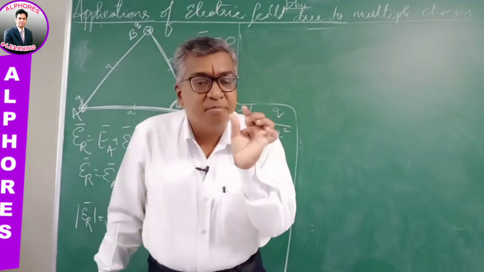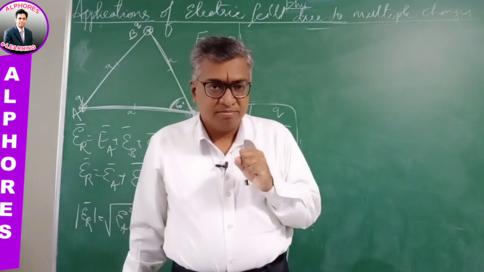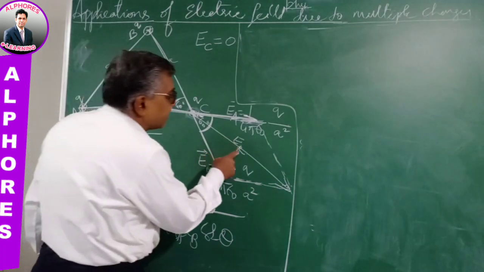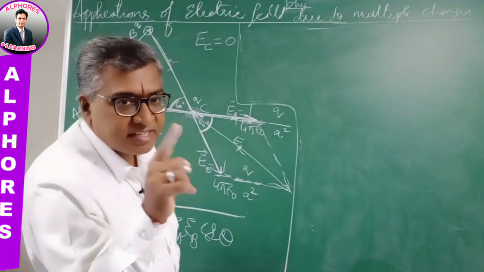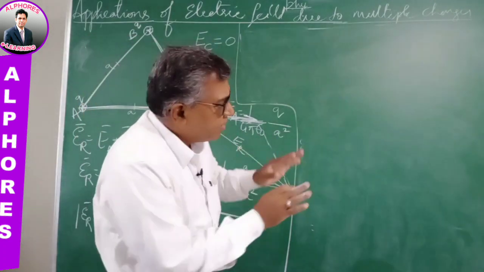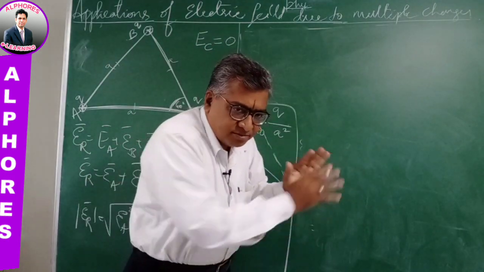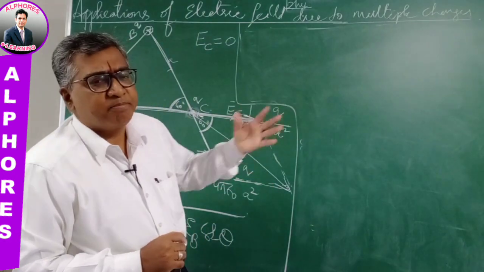But if A and B are of the same magnitude, let's say P, then the resultant R can be written as 2P cos theta by 2. This is the direct step. First I wanted to give you the individual steps and explain it elaborately, then the direct trick.